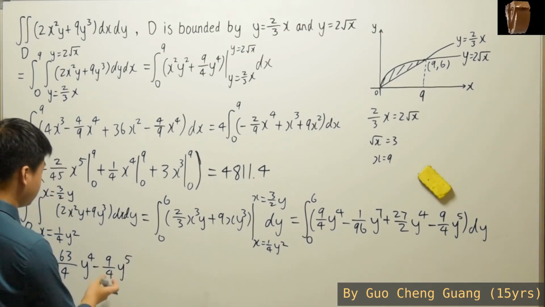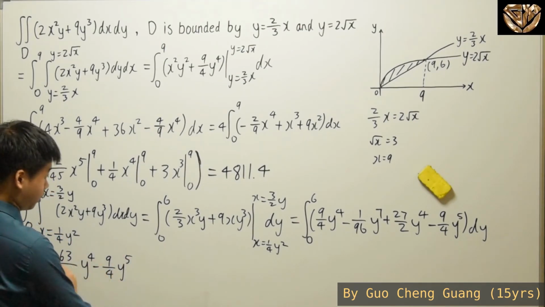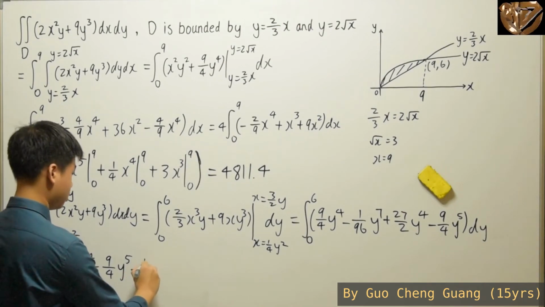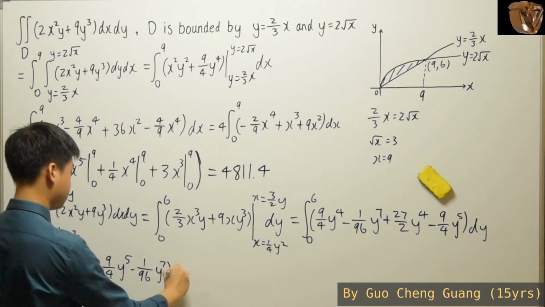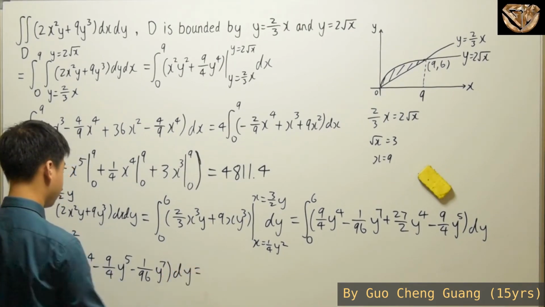Of course, you can also choose to take out all of the 1 over 4s, but well, that'll be up to you. Minus 1 over 96 y to the power of 7, then dy.